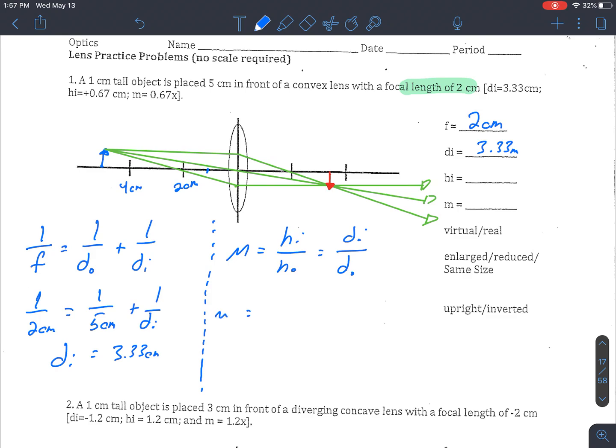But we do not know our image height. We know our object height because we were given that. That was 1 centimeter. The image distance we calculated, and in a lab type setting we would measure. And we were given the object distance, which was 5 centimeters.